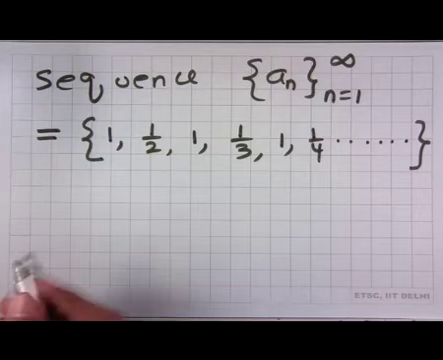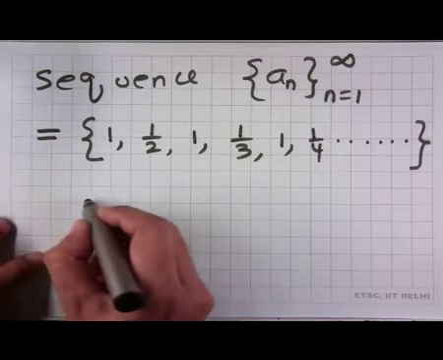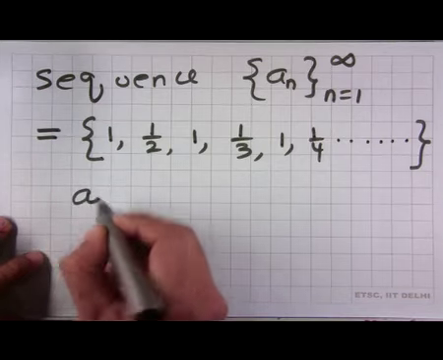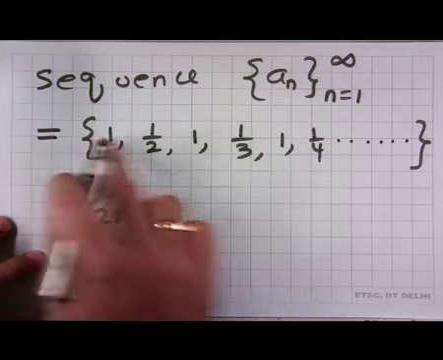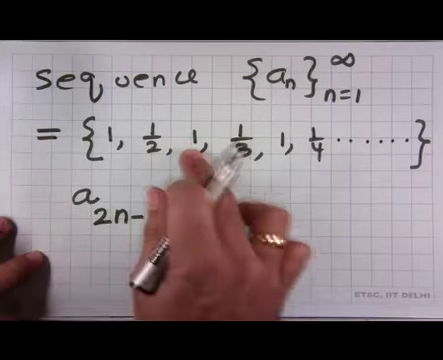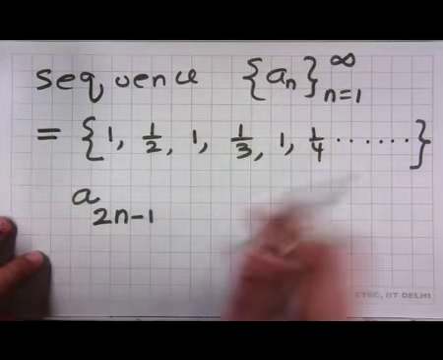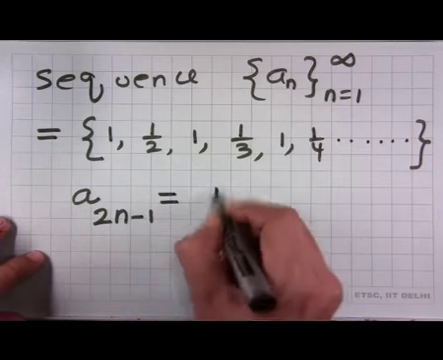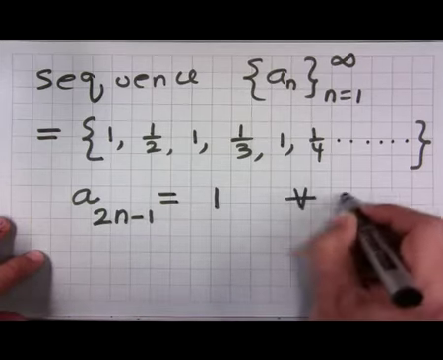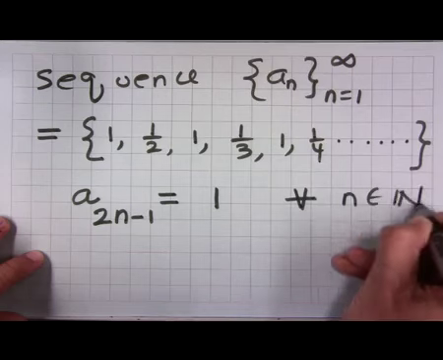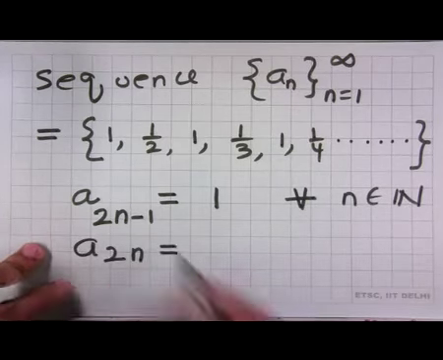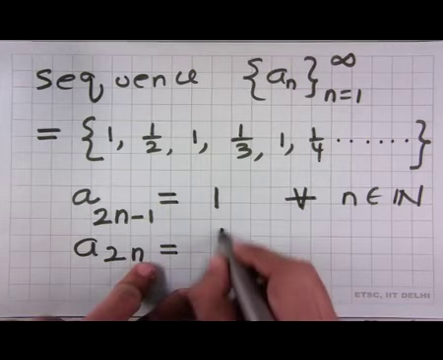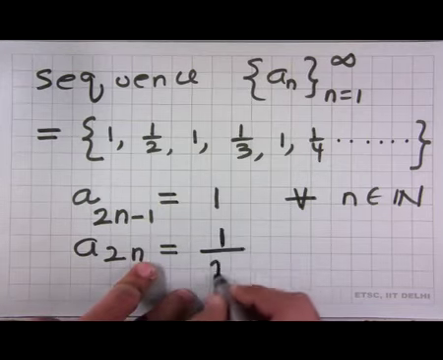More precisely, it can be described as follows: a_(2n-1), that is the odd terms, first term, third term, fifth term and so on, is 1 for every n in N, and the even terms, second term and so on, are of the form 1/n.